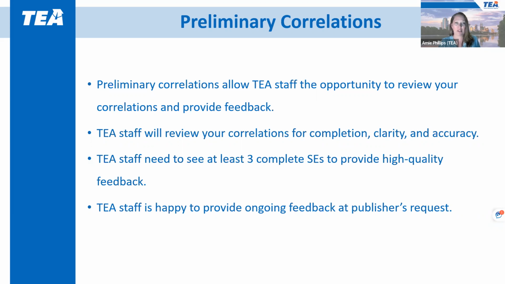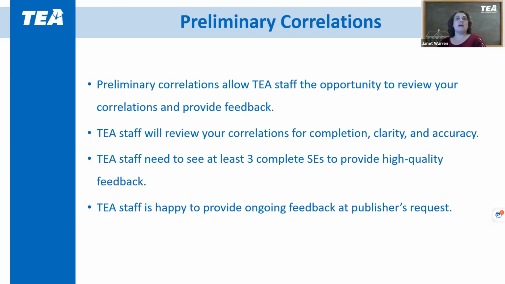Question: after the preliminary correlation data is entered, is there a save or submit button to use to indicate the preliminary data is completed? You will not submit at that point in time. You will only submit after you've finished doing all your correlations. So what you'll want to do is just submit a help desk ticket if it's prior to that February 13th deadline, which we're going to go over in a minute, because the first round of deadlines is February 13th for preliminary correlations.